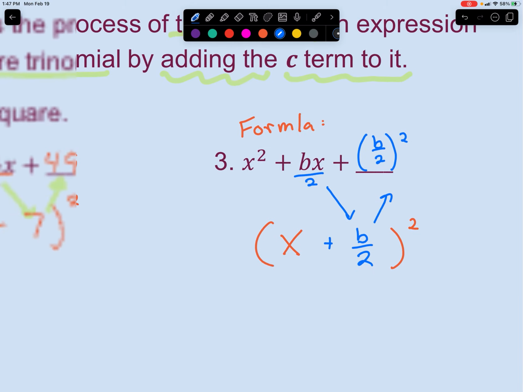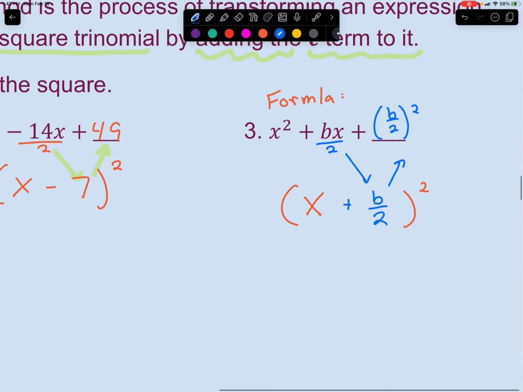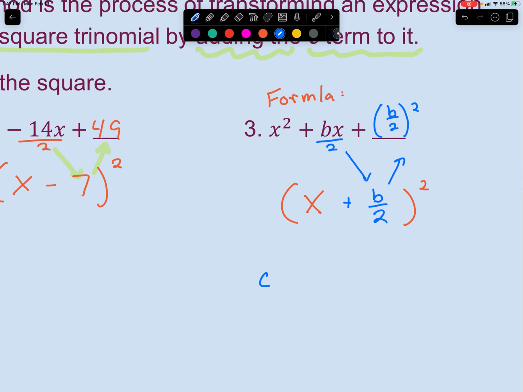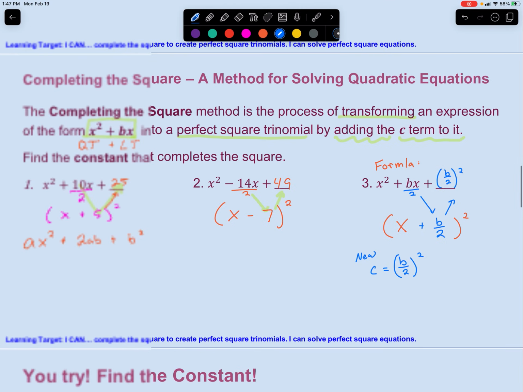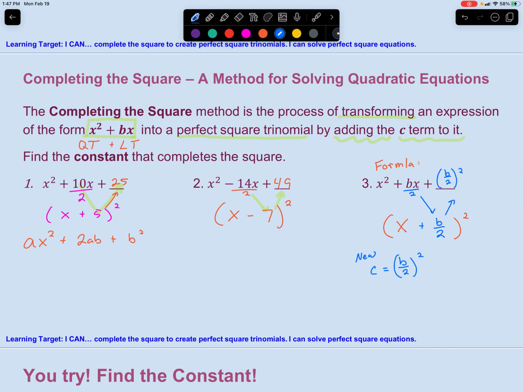So our formula to complete the square: c, your new constant, the missing constant, is going to be that linear coefficient divided by 2 and then squared. That is our formula. Divide that linear coefficient by 2 and then square it. Let's write that out.